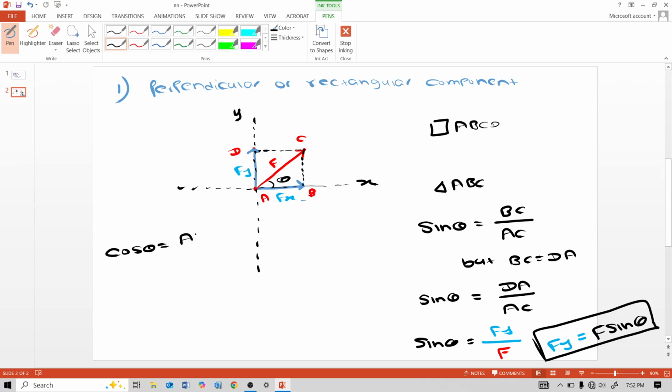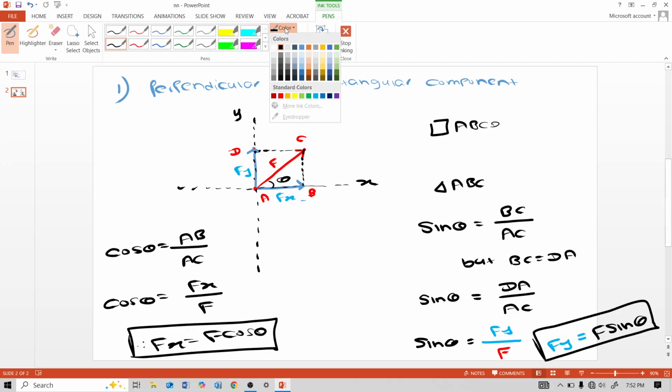The adjacent side is AB and the hypotenuse is AC. So AB is Fx, then AC is F. So cos theta is equal to Fx upon F. Therefore Fx is equal to F cos theta.